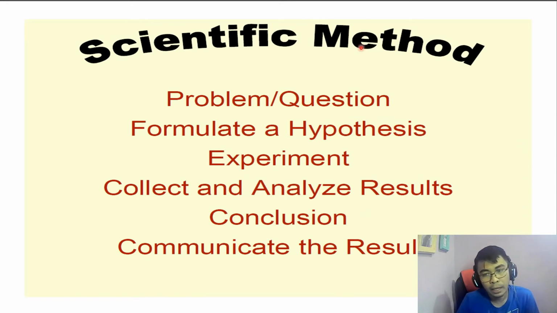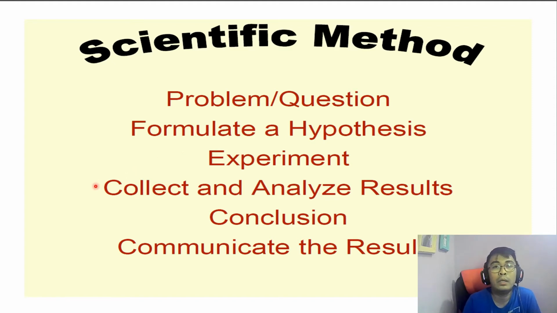So there are different versions of scientific methods. Actually, we can summarize the scientific method in the following steps. First, you need to have your problem or question. Second, you need to formulate a hypothesis. Third, you need to conduct an experiment.